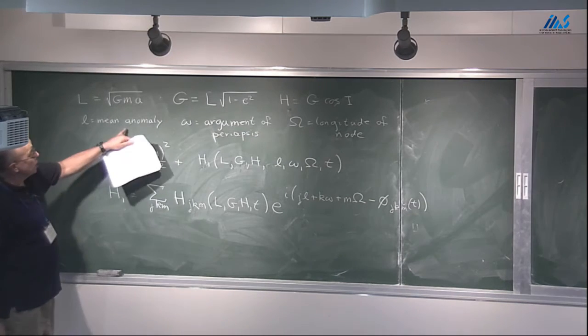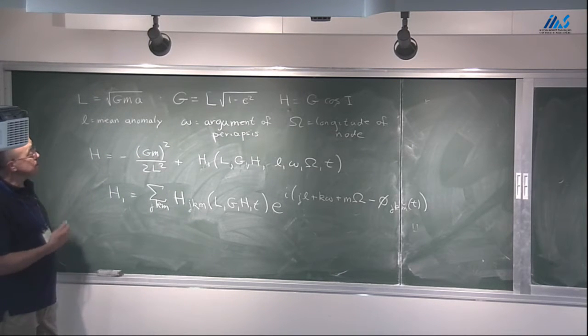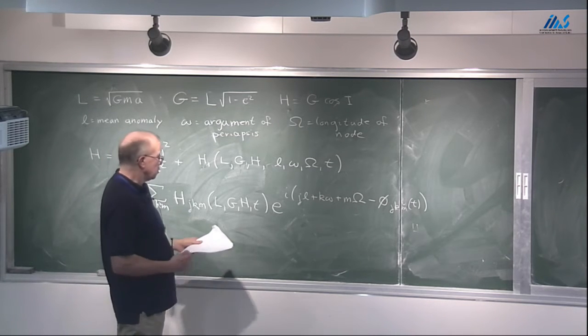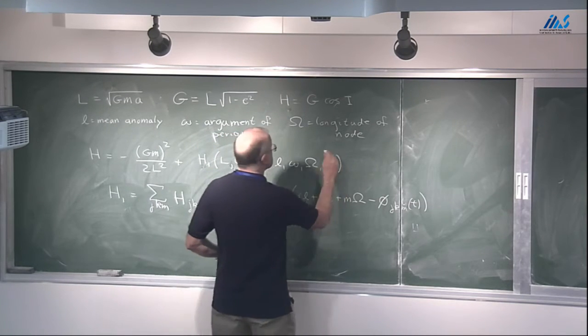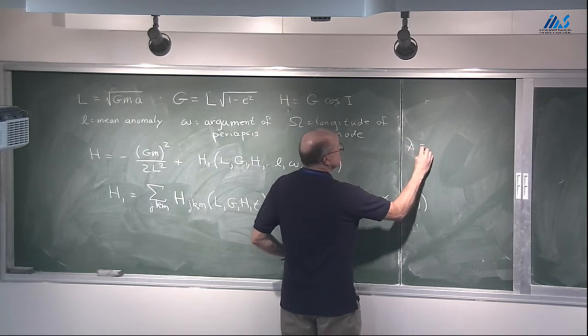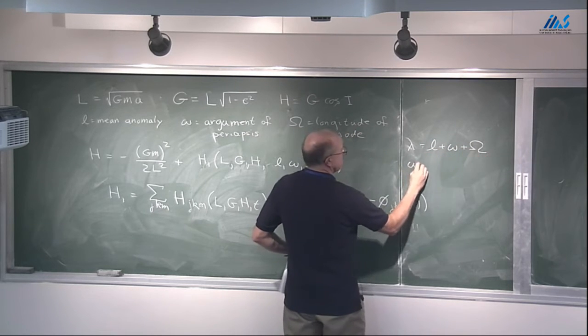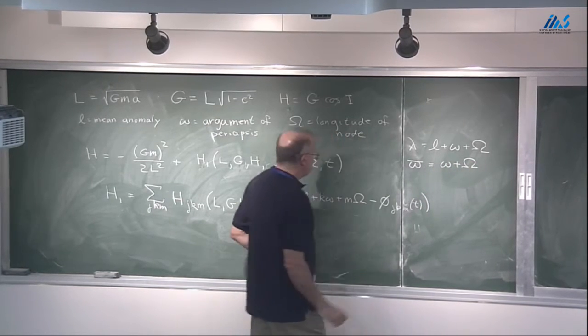Because the mean anomaly and the argument of periapsis are poorly defined in cases of zero eccentricity or zero inclination orbits, we will also sometimes use the mean longitude, lambda, which is l plus omega, and the longitude of periapsis, which is little omega plus capital omega.